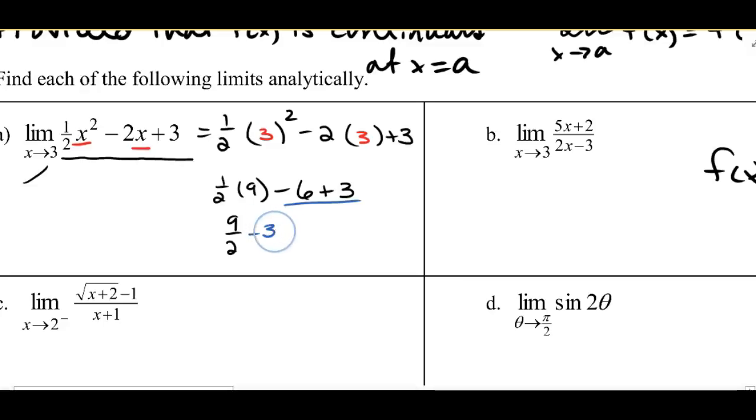If I rewrite that over a common denominator of 2, I multiply the top and bottom by 2 and get 6 over 2. 9 minus 6 equals 3/2. And this is my answer. You could write this, it's the equivalent of 1.5, and that would be fine as well. So I get 3/2 as this limit because I can evaluate the function assuming that these are continuous.